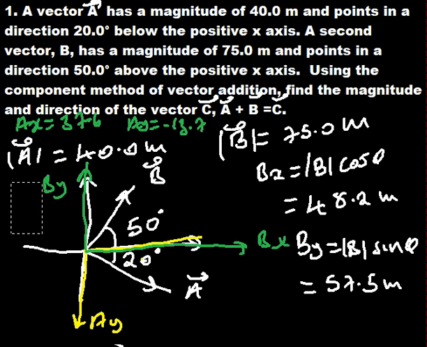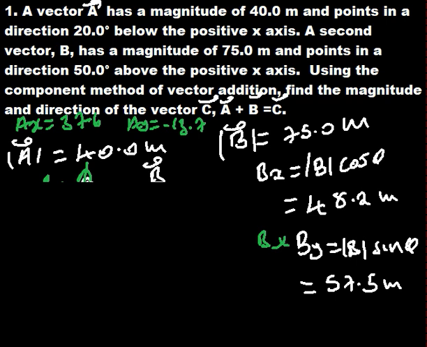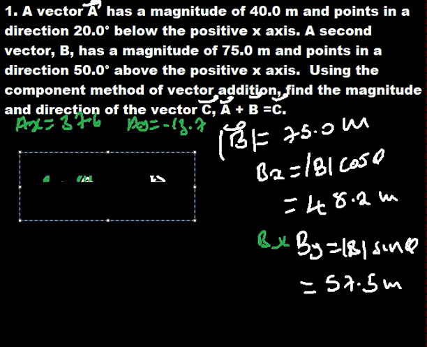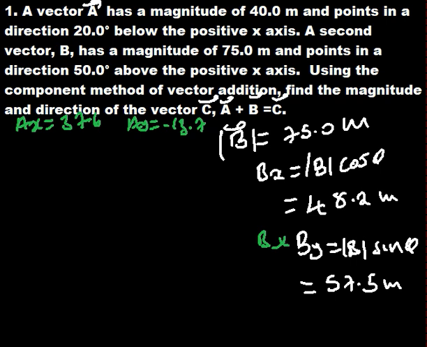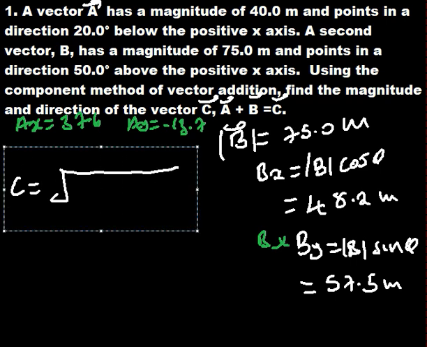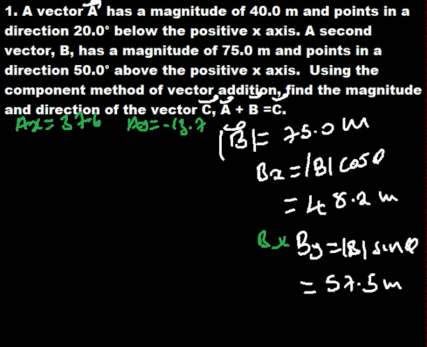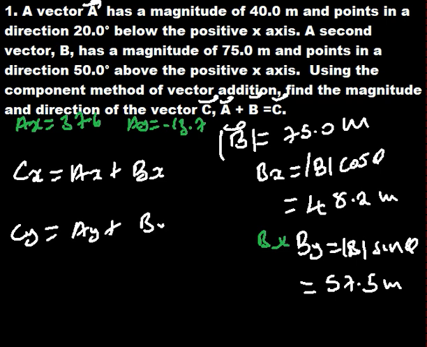Now we have the full information. We should find the magnitude as well as the direction. By the way, we should have cx, which will be given as ax plus bx, and cy, which is given as ay plus by.